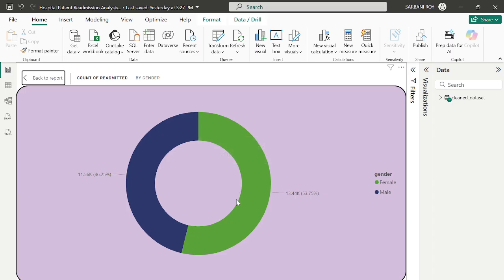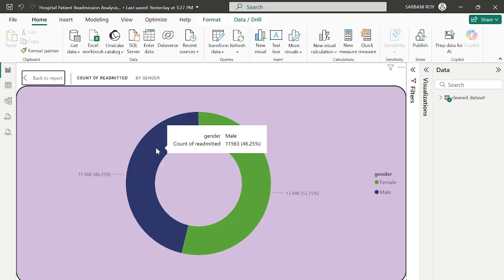This chart displays the female, that is 13,437 patients were readmitted, 53.75% of the total readmission, and male, that is 11,563 male patients were readmitted, 46.25% of the total readmission.